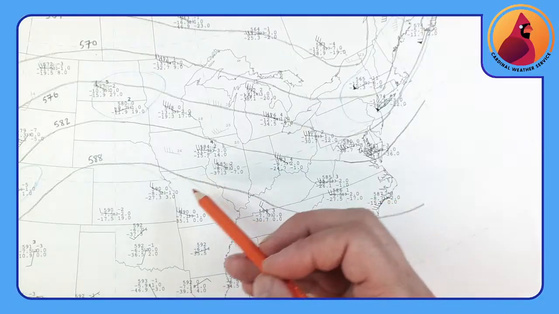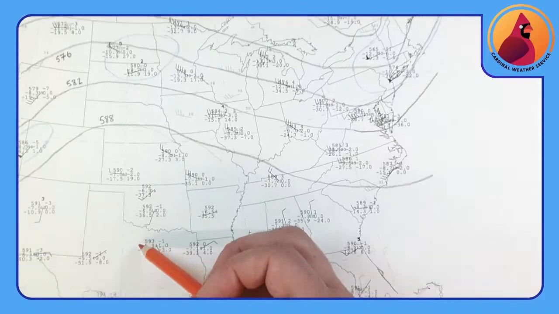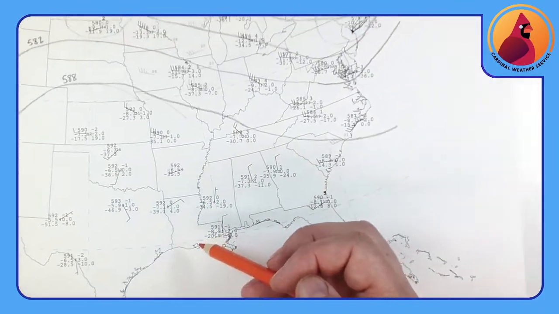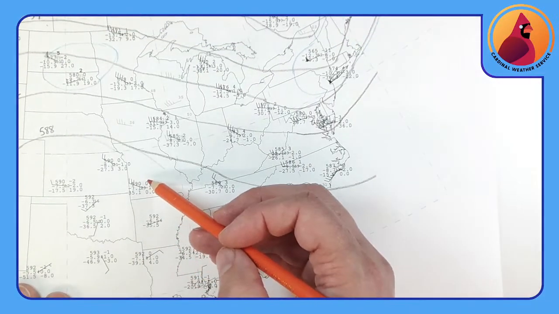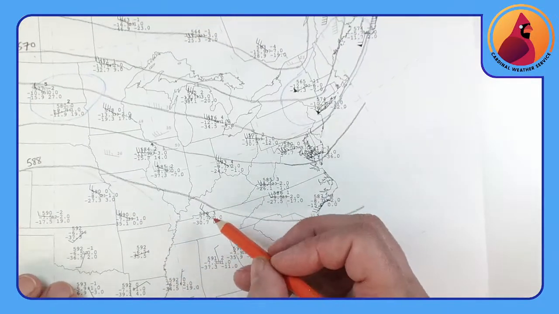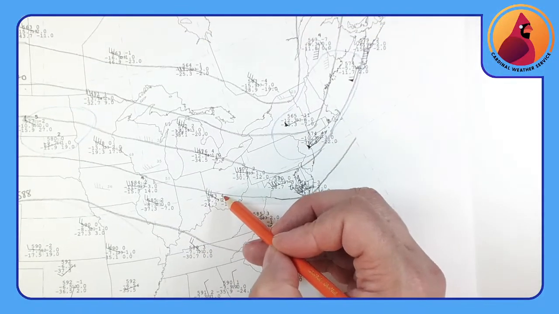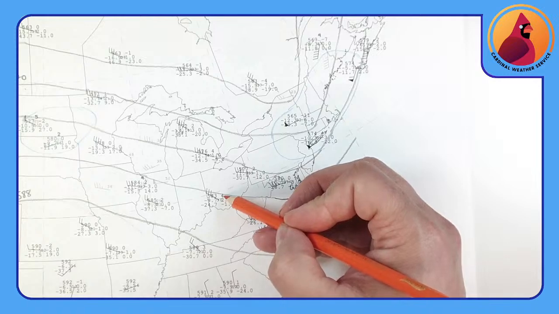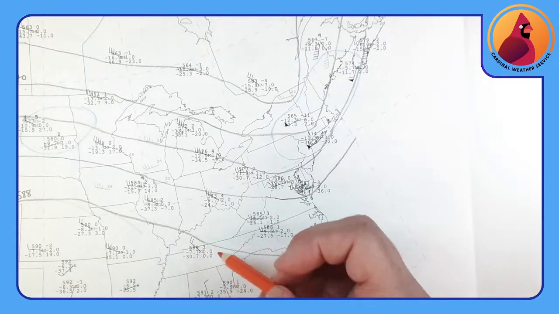Looking here, negative down into Texas. Some 0s, so no change. 0s, +2. Here is +3, +4, +3.